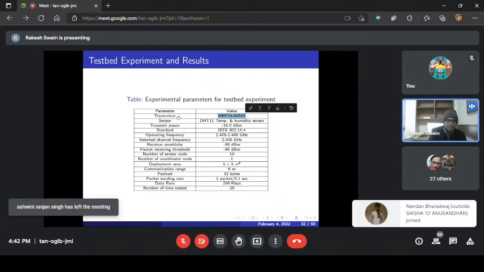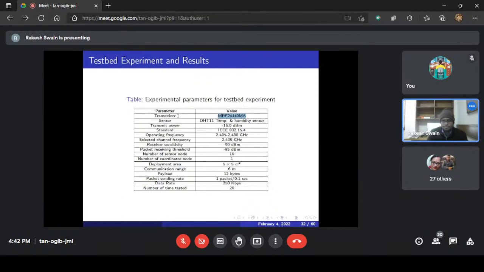It follows the IEEE 802.15.4 standard. There are parameters such as the transmitting power, operating frequency, selected frequency, receiver sensitivity, packet receiving threshold, and the number of sensor nodes, which is 10. So these are the experimental parameters.